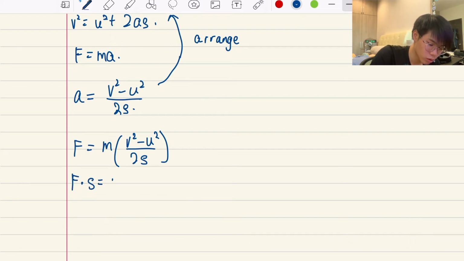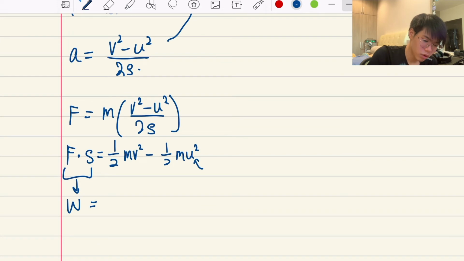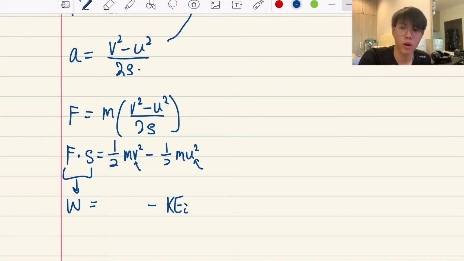So by multiplying both sides by s, we get Fs equals half mv squared minus half mu squared. We know Fs is actually work done. u is the initial velocity, so half mu squared is the initial kinetic energy. v is the final velocity, so half mv squared is the final kinetic energy.